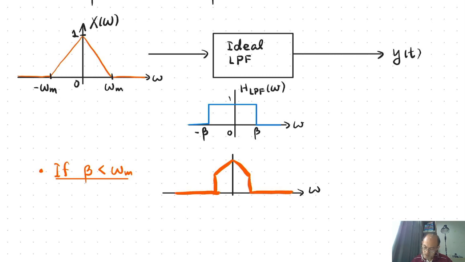We have beta here, minus beta here, and this is minus omega m, this is omega m. The shaded portion cannot pass through.